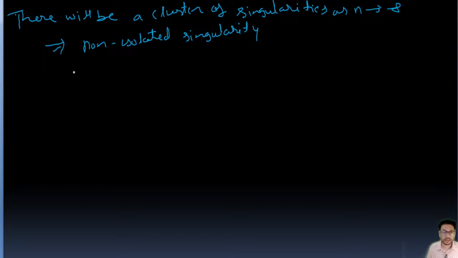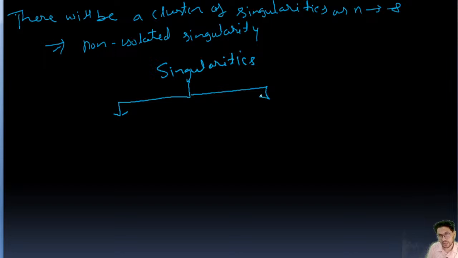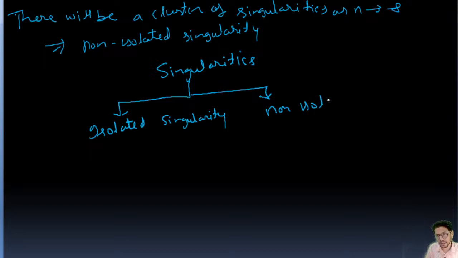Now I will categorize, I will classify these singularities. There are two types of singularities: one is isolated and one is non-isolated.